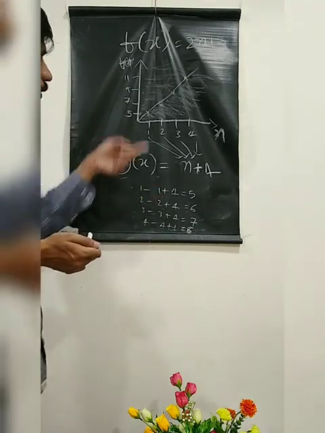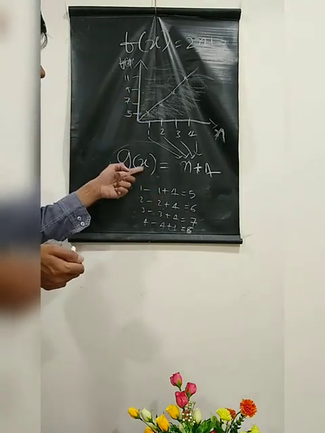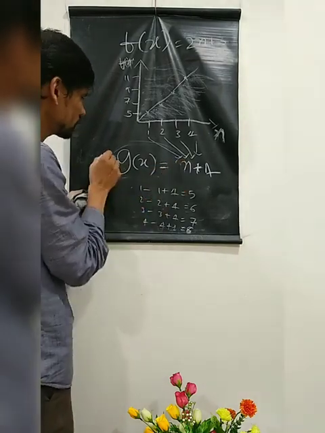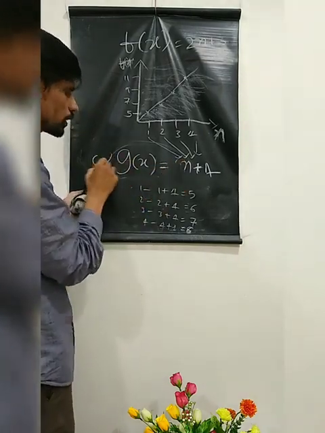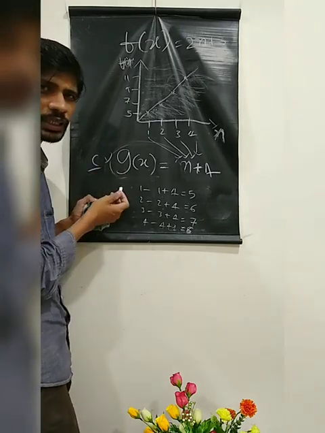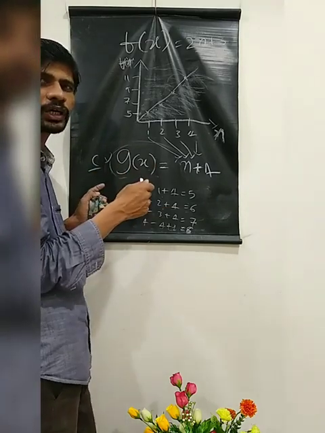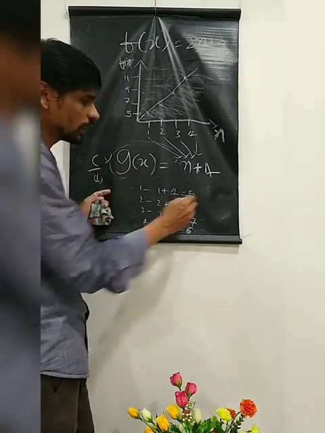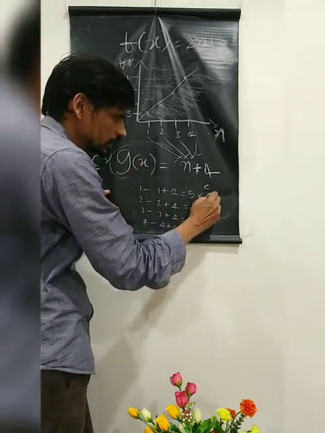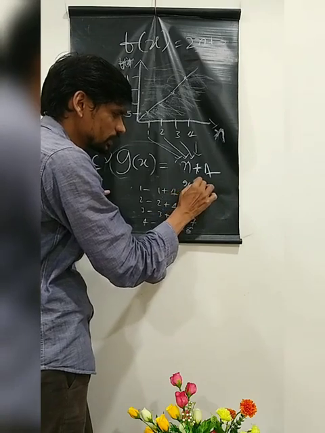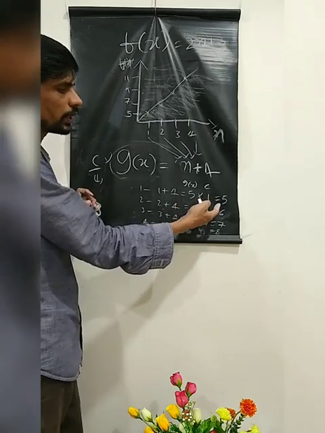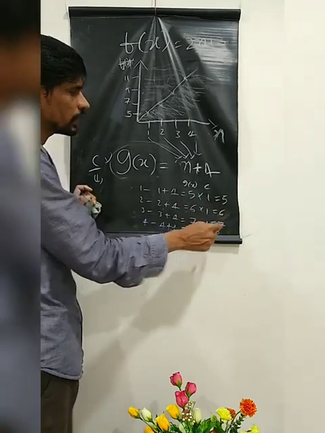So now let's plot the line for g of x. We have another constant, right? g of x multiplied by c, some positive constant. As we did in big O also, let's imagine c is 1 only. This is my c, this is my g of x. With c as 1, I get the same result: 5, 6, 7, 8.